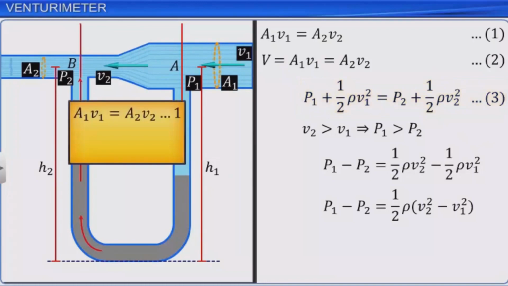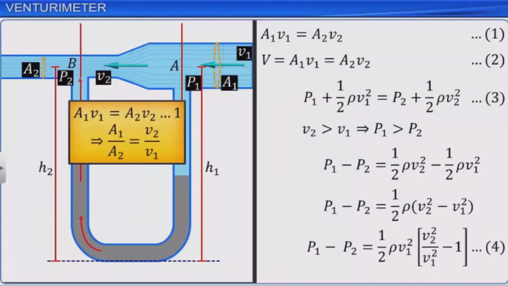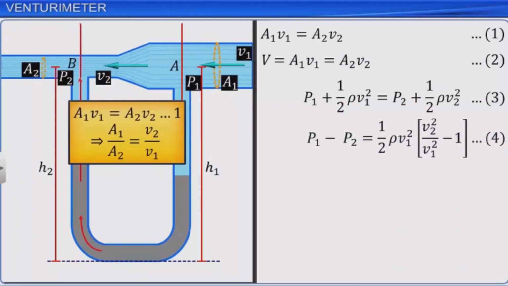From equation 1, A1 by A2 is equal to V2 by V1. Substituting this for the ratio of velocities in equation 4, we get equation 5 as shown.